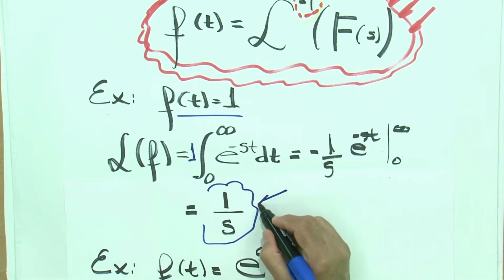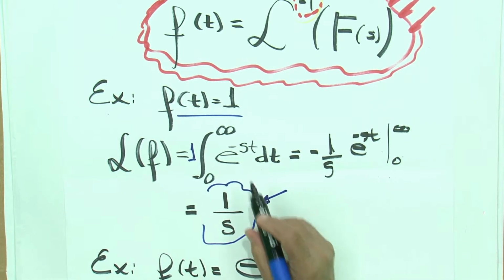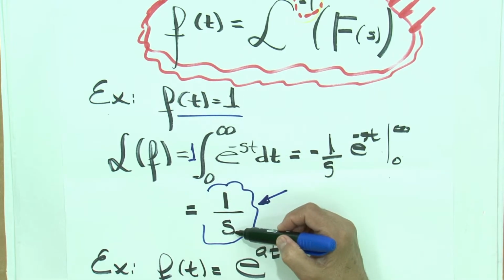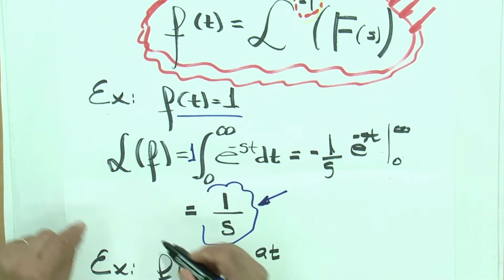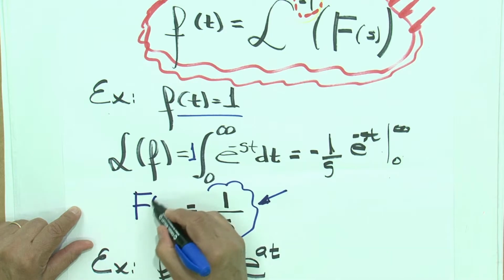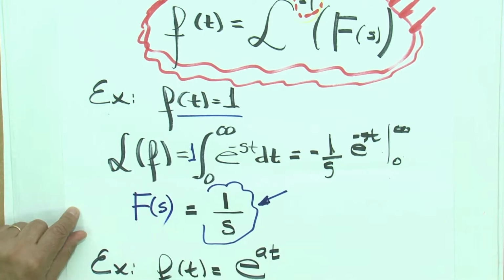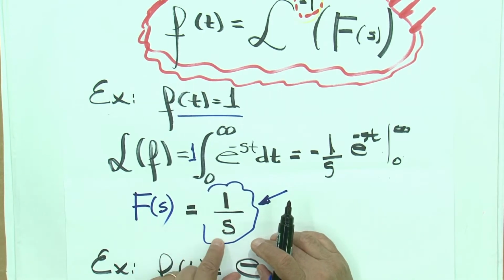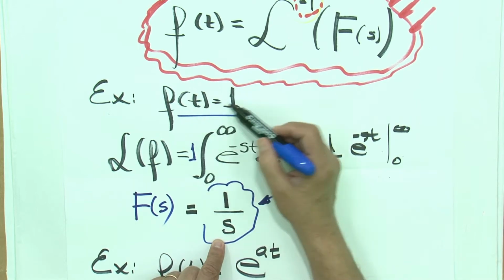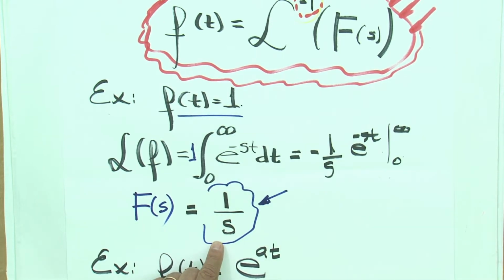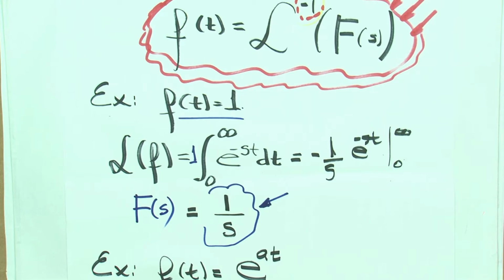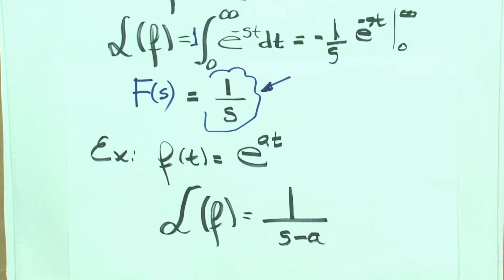So the Laplace transform of this function is just the inverse of s. So the function F of s is 1 over s if f of t is 1. So that's the Laplace transform of the constant function.